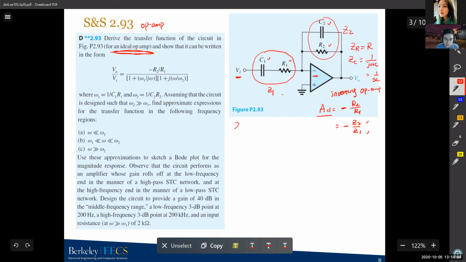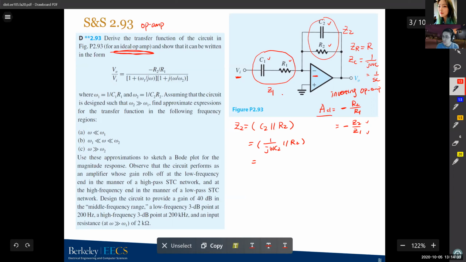The Z2 part is actually C2 in parallel with R2. That's the total impedance of this feedback part. We just plug in the impedance of each element: for C2, the impedance is 1 over j omega C2, in parallel with R2.